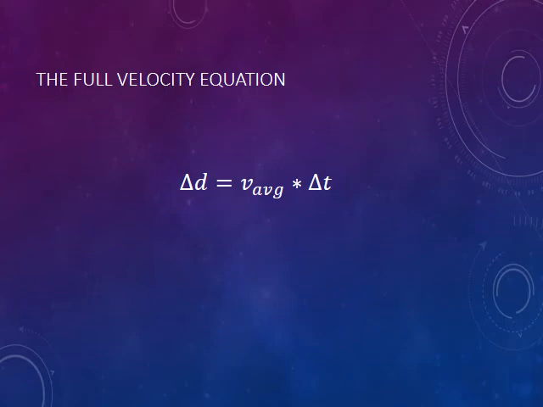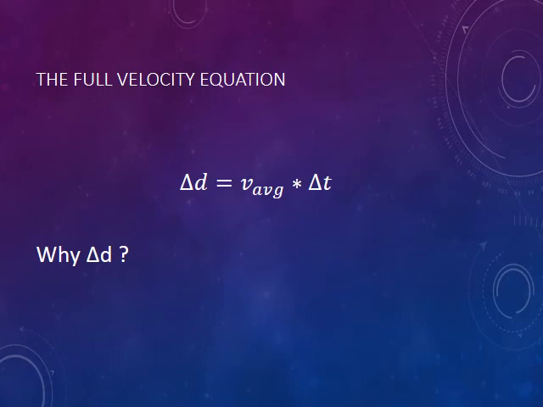You can see there's a d for distance on the left and a v for velocity on the right, multiplied by a t for time. The key difference here is that we've added operators, which slightly change the meaning of our variables. So we would read this as delta d equals v average times delta t.